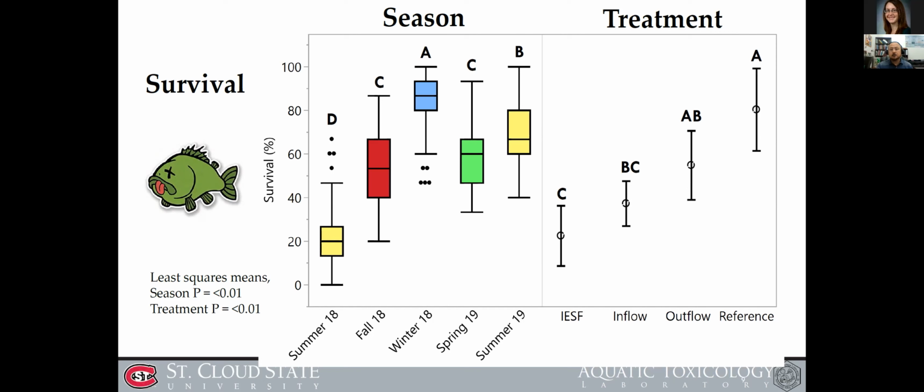So the iron enhanced sand filter is giving some bad effect on the survival of the fathead minnow larvae. I forgot to mention that the reference is well water from Central States University. So the iron enhanced sand filter is having some effect on fish survival.